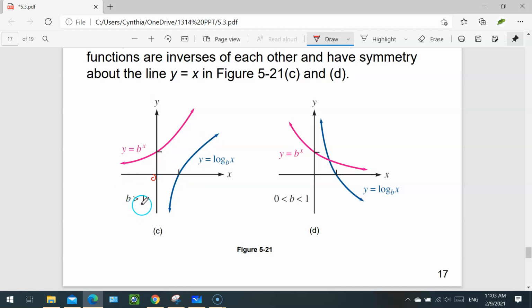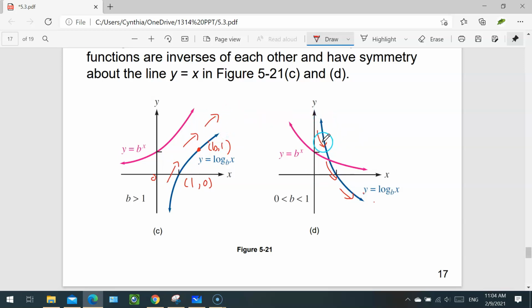When your base is bigger than 1, your logarithm function passes through (1, 0) and (b, 1). When your b is a number between 0 and 1, it also stays on the right-hand side, the positive x-axis, but it is a going down curve.